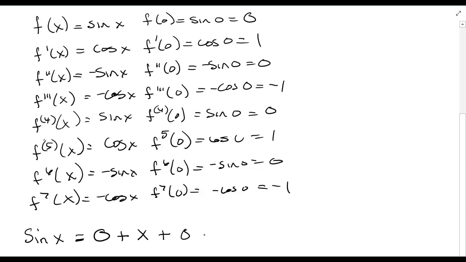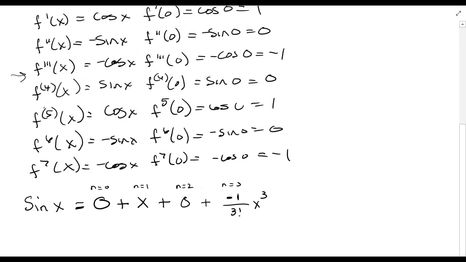All right. So then I have plus f. So this was n equaling 0, n equaling 1, n equaling 2. So now I need n equaling 3. So I'm here. Well, that's negative cosine. That's negative 1 over 3 factorial x to the 3rd.